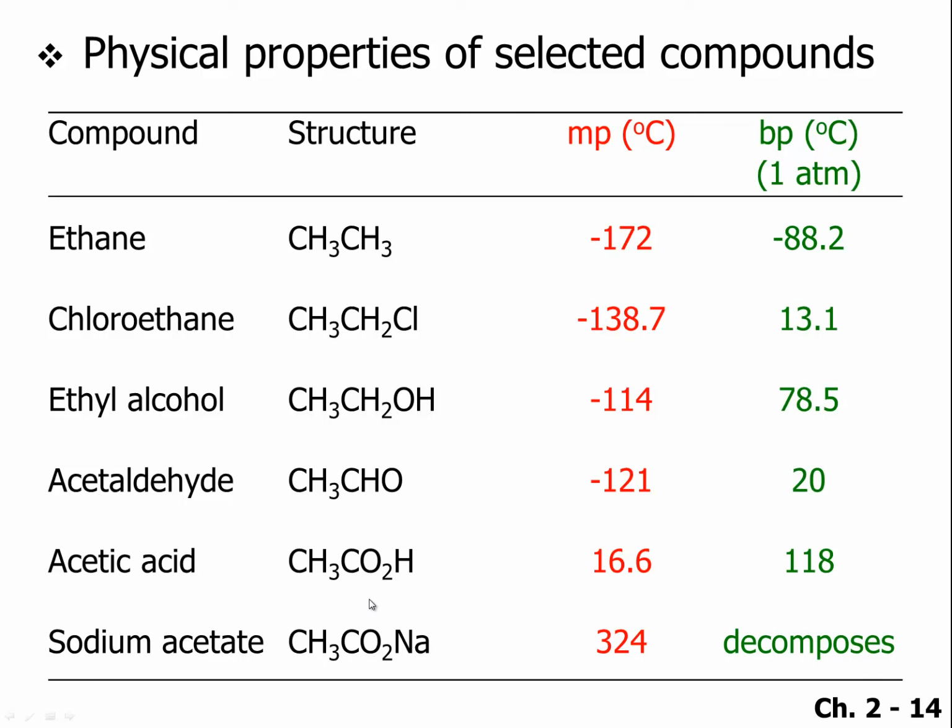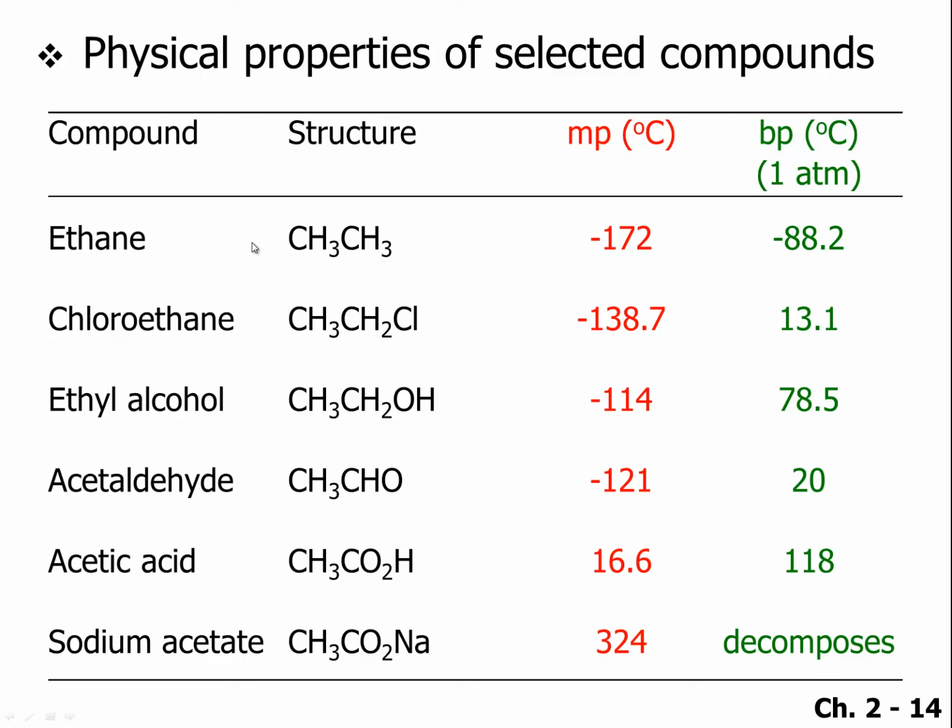Here we've got our carboxylic acid, really nice, strong hydrogen bonding. Again, the melting point is going to be higher than some of these less polar molecules. Same thing with the boiling point. You'll notice that a lot of times there's a good correlation between our melting points and our boiling points.